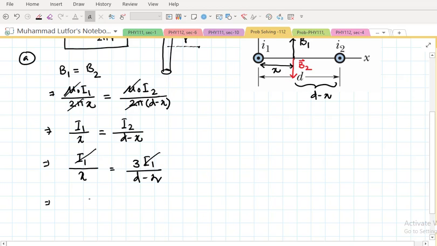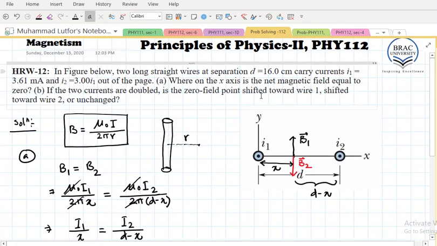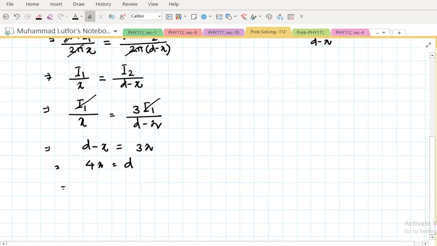Then d minus x would be thrice x, or 4x would be d. The d given is 16 centimeter, or 16 into 10 to the minus 2 meter. Then x would be 4 into 10 to the minus 2 meter, or 4 centimeter.